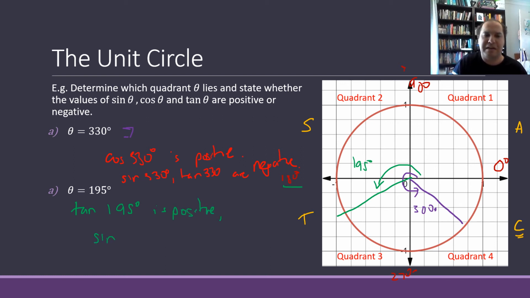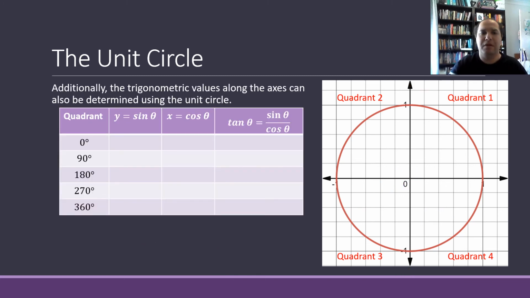So sine 195 and cos 195 are negative. And that's how we can locate angles and work out whether the trig ratios for them are positive or negative.